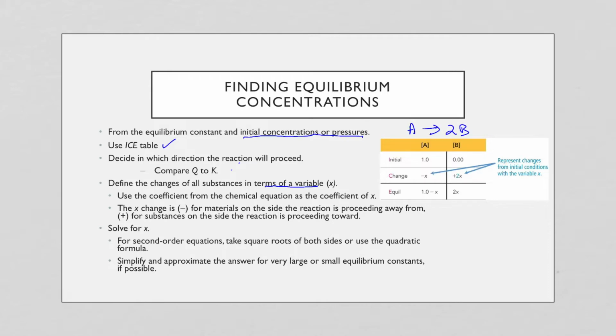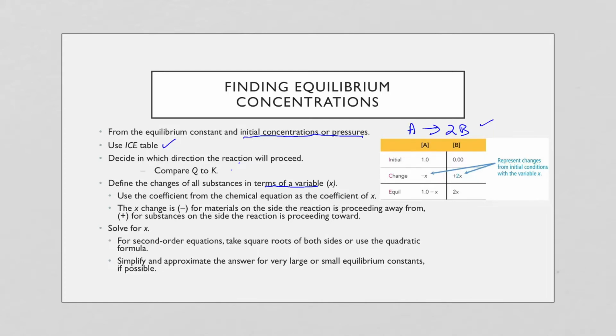So, for example, if we look at this equation over here, let's say we have the sample reaction of A goes to 2B, and we know that initially we have 0.1 molar of A, and we don't have any B, but we don't know anything about the equilibrium concentrations. But what we do know is that there's a relationship between the changes.